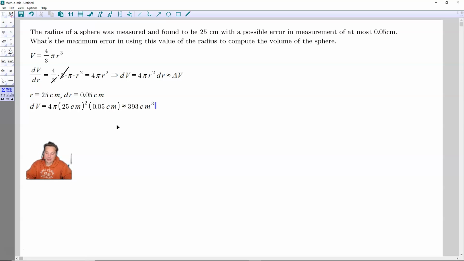Now this also, again, is approximately delta V, which is the actual change in the volume, when you go from a 25 centimeter radius to a 25.05 centimeter radius. So this is dV here.